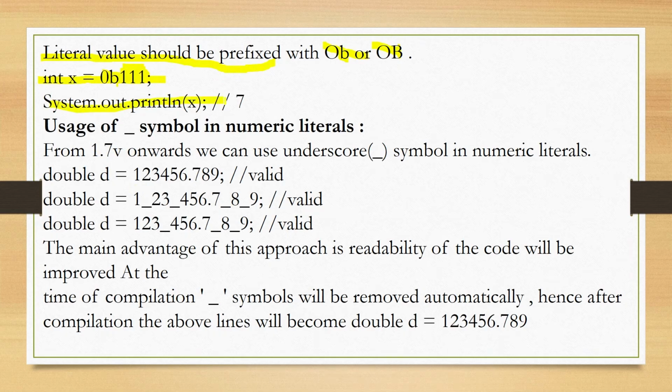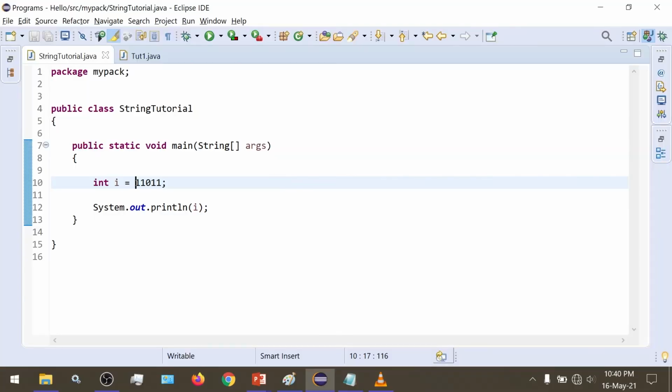Now the usage of underscore in numeric literals. From version 1.7 onwards, we can use the underscore symbol in numeric literals. Let's say we have this number which is too large, 123456789. Let's suppose we have a double.